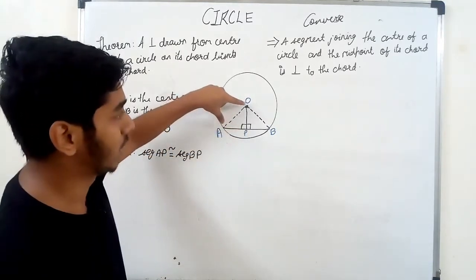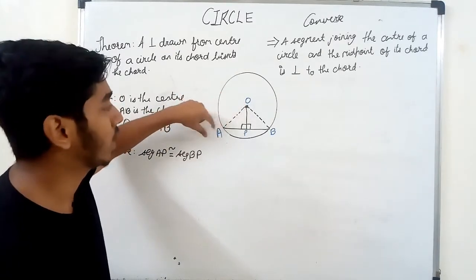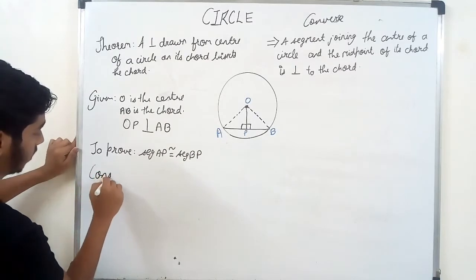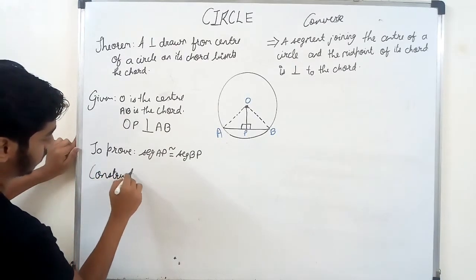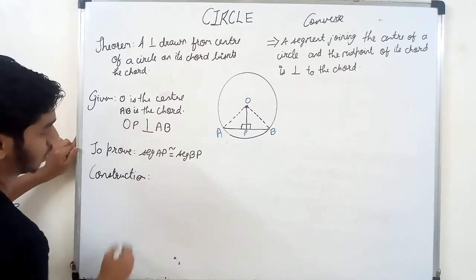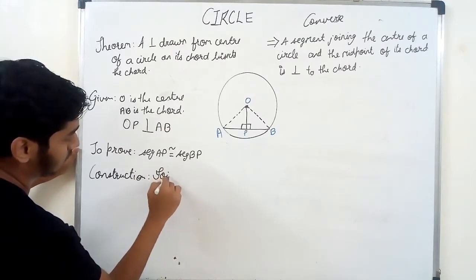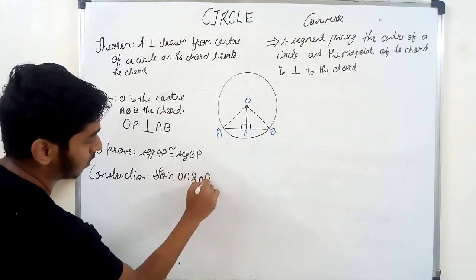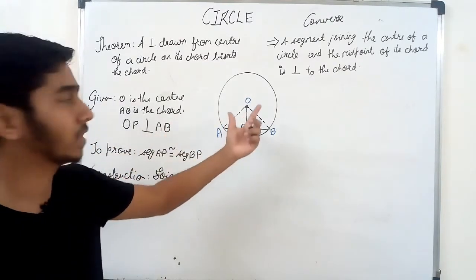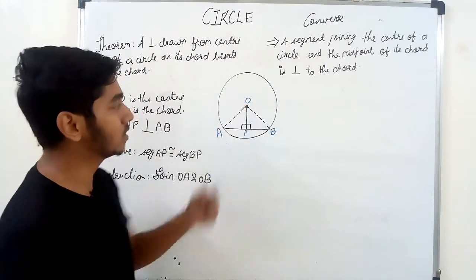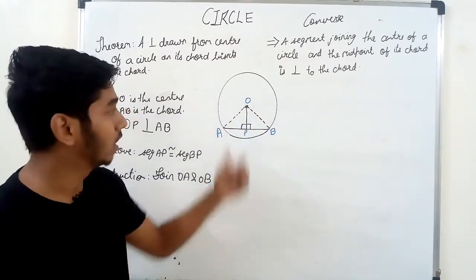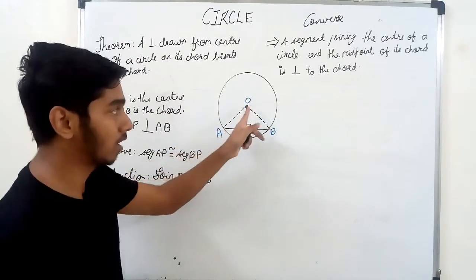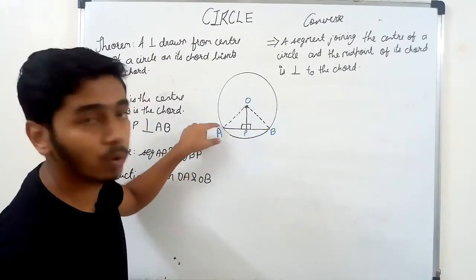Here we are constructing, means joining OA and OB. So we'll write the construction: join OA and OB. Now, what are OA and OB? Are they not the radius of the circle? Because radius is from the center to any point on the circle.